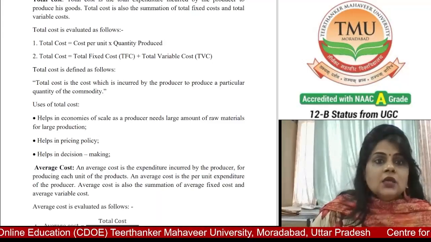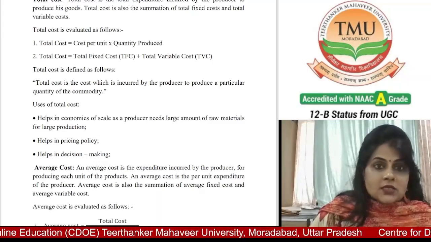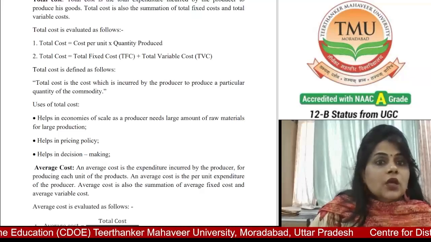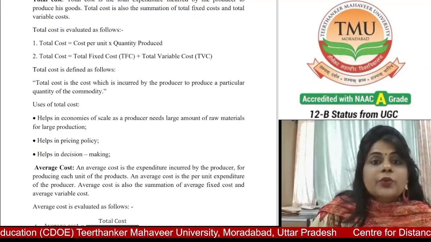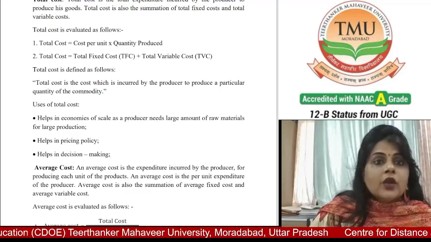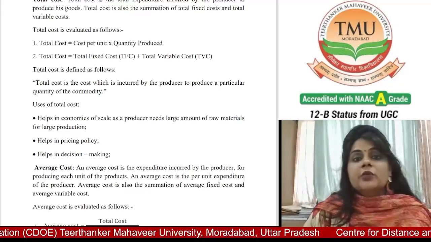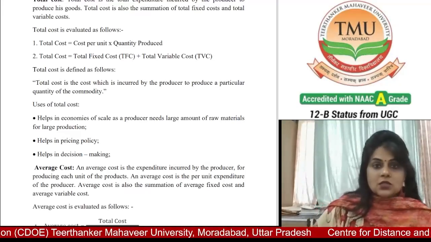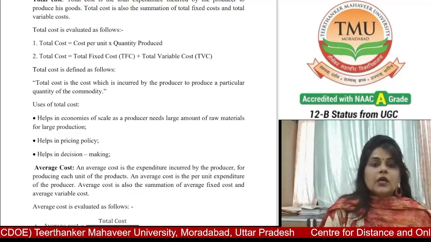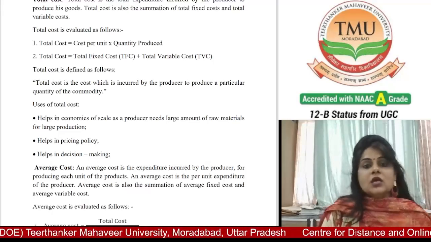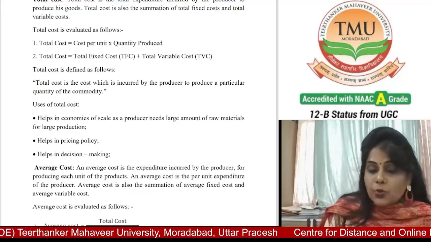So we can say that total cost is defined as follows. Total cost is the cost which is incurred by the producer to produce a particular quantity of the commodity. It means total cost in economics is the sum of all cost incurred by a firm in producing a certain level of output.